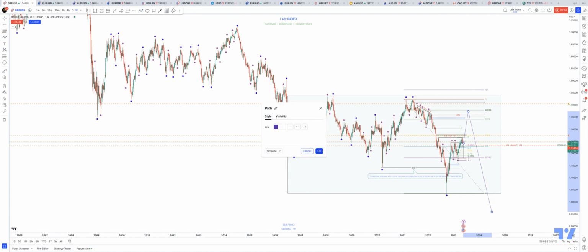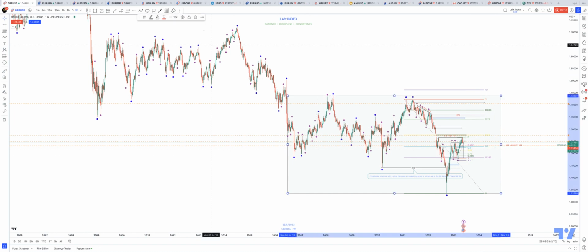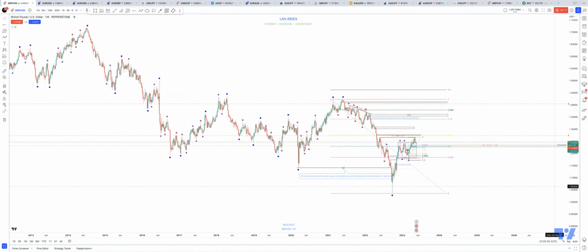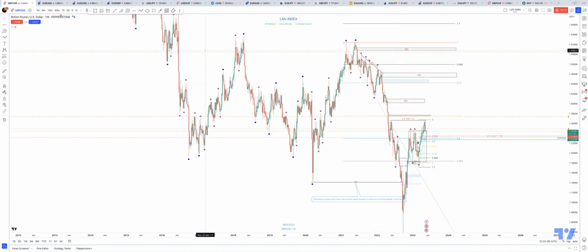So now I have two different ideas, which all tells me that price is going up from this area. Okay, so we are bullish on the weekly.